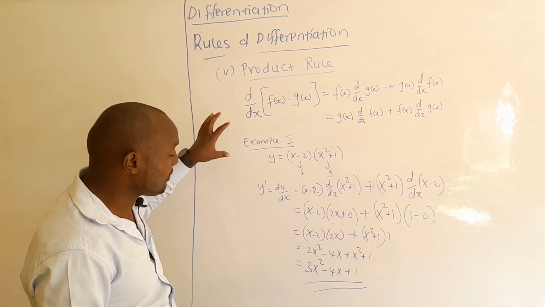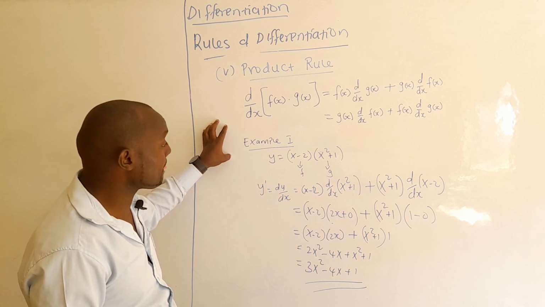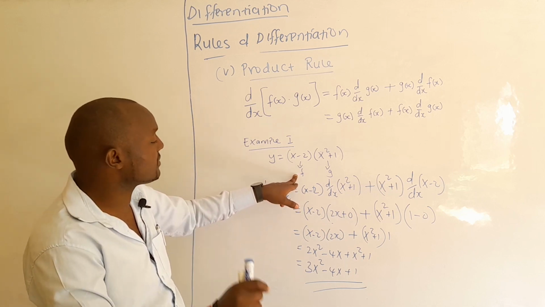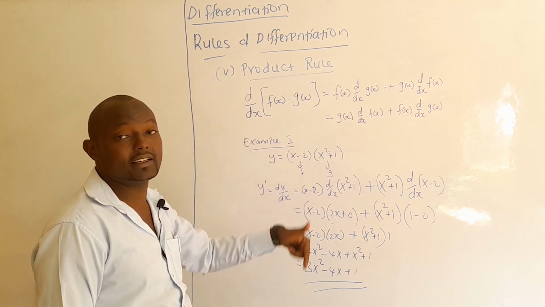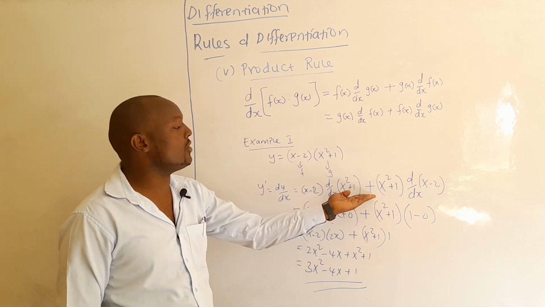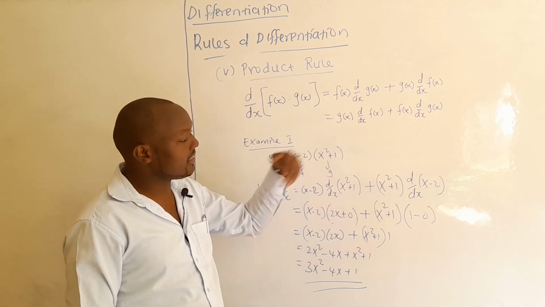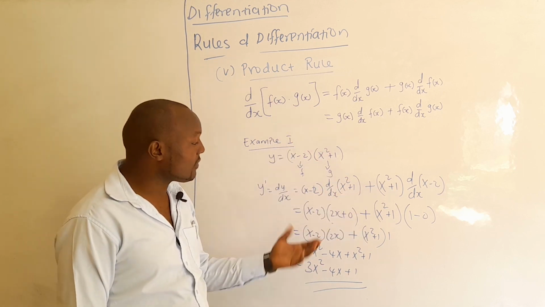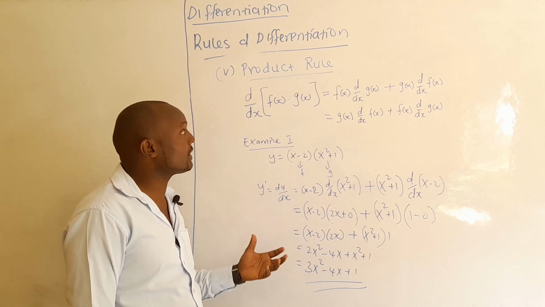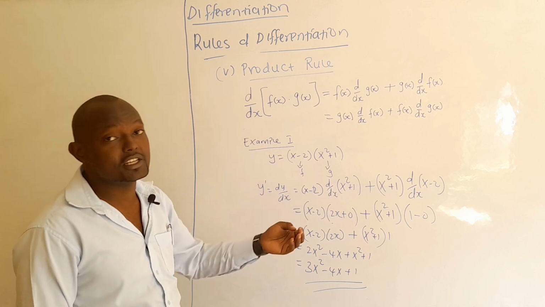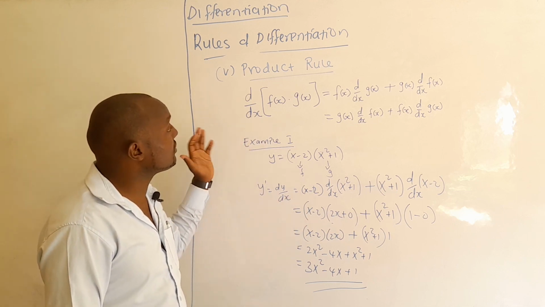So let me put this clear again. First, treat the first function or the second function as constant and differentiate the other one. Then you add, treating the other function as constant, and you differentiate the other one. With that, we can solve product rule problems, which will be very important as you proceed with more calculus.